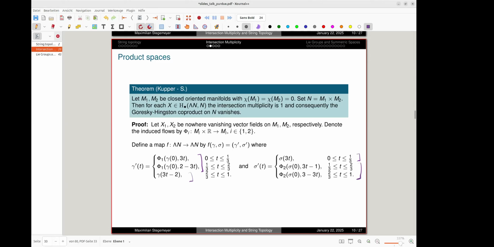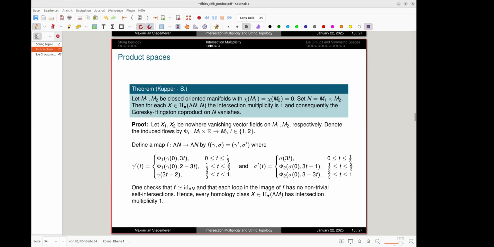This is just attaching a short loop to the base point, so up to homotopy we didn't do anything. This is homotopic to the identity, and each loop in the image has no non-trivial self-intersections, because these are nowhere vanishing vector fields. Then we see that every homology class actually has intersection multiplicity 1. Sorry, now I wrote homology class in non-relative homology.